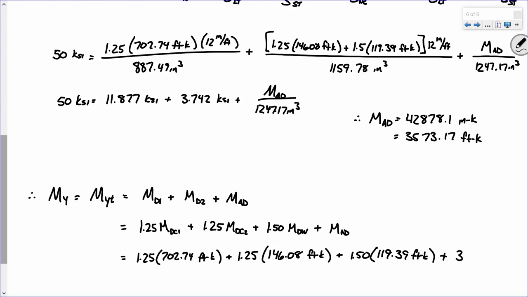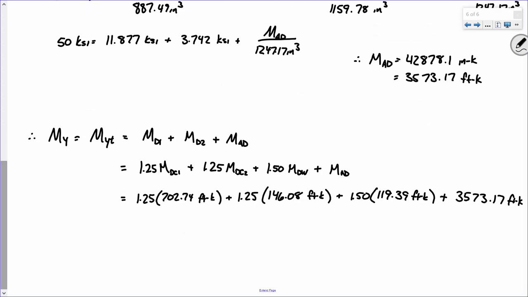It was 3573.17. And now everything's nice because all the units are consistent, and I propose that the yield moment is, you do all that grunt work, and what do you get? Something about 4813.28. There we go. Foot kips. So that's your answer.